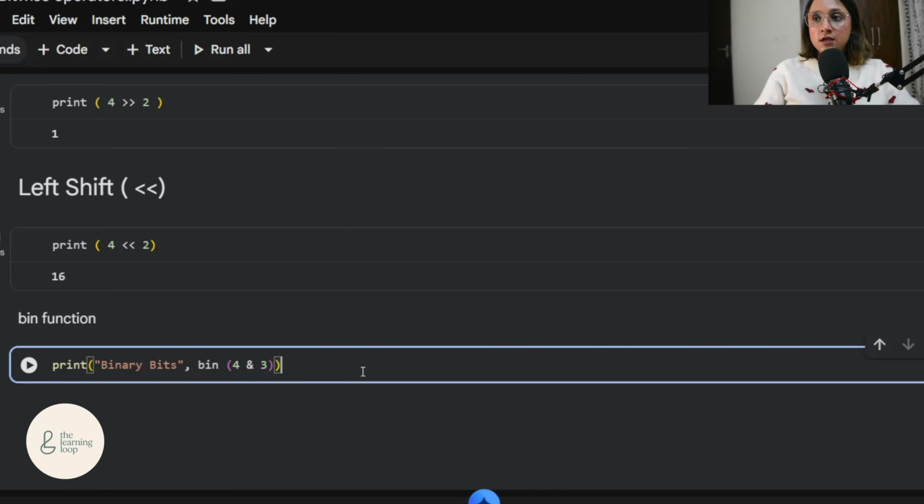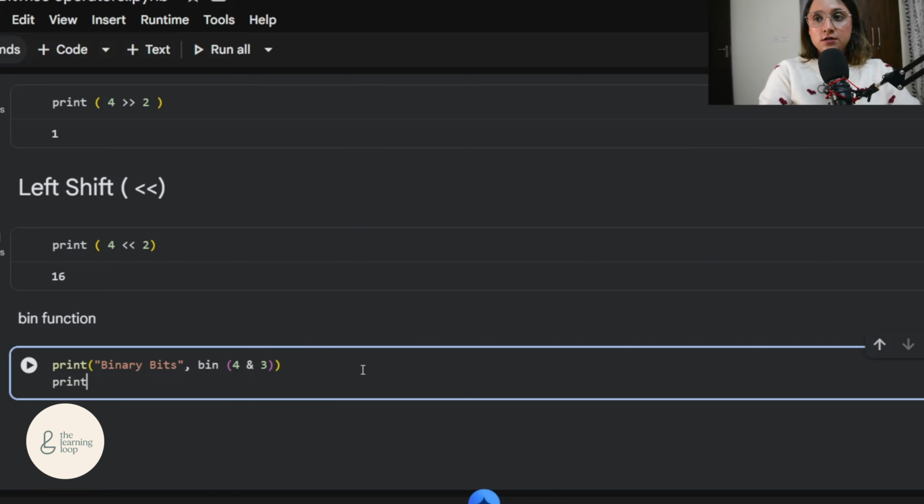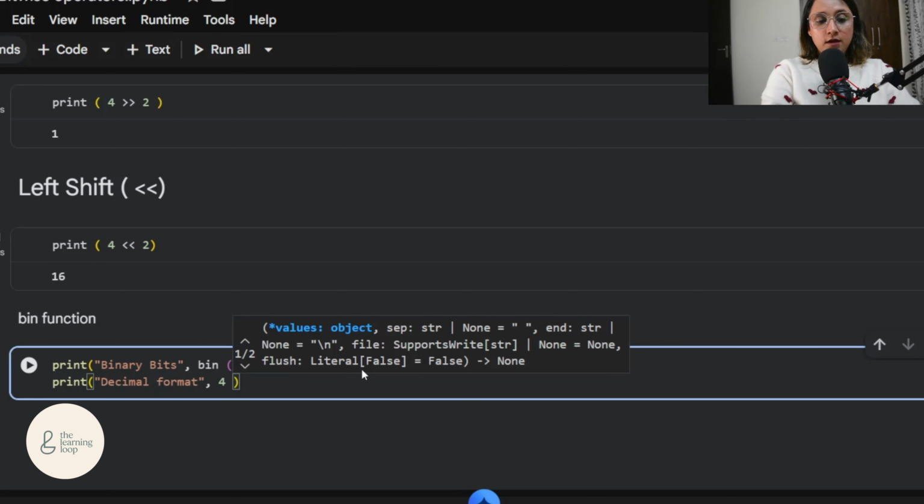I do this, and then I say print, let's say decimal format. Sorry. And I just say 4 and 3.